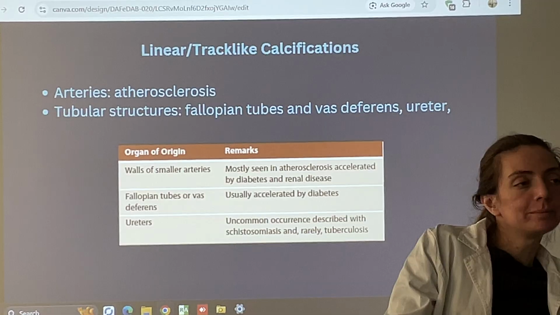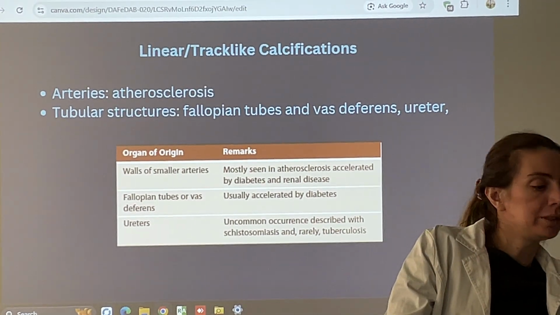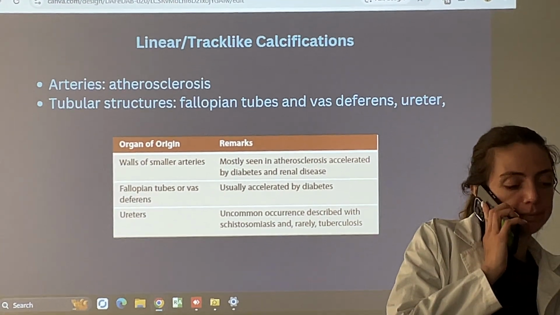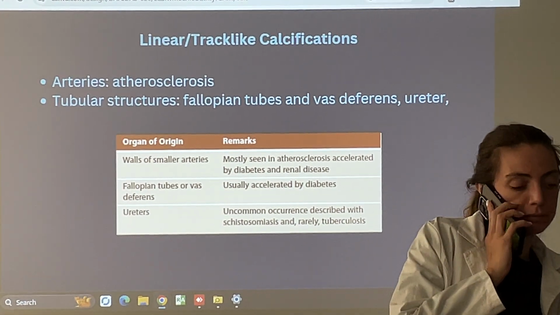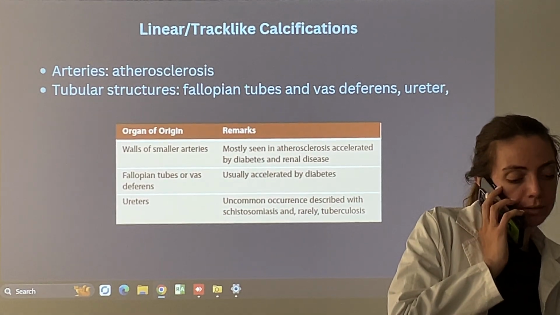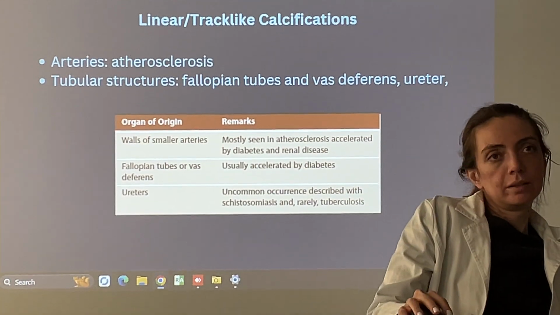That is called phlebolith. Sorry guys. Walls of the veins. Thrombi, which thrombus is formed in veins.